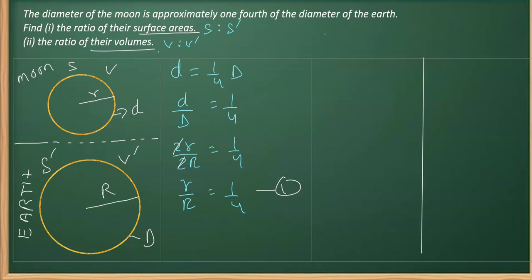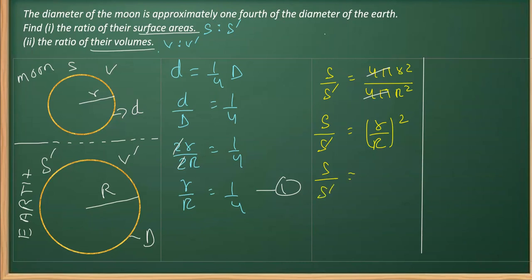I can write the ratio as S over S dash, replacing S with the formula of surface area, that is 4 pi r square, and similarly for the other part it is 4 pi R square. The first is for the moon, the numerator, and the denominator for the earth. Here 4 pi gets cancelled, so S over S dash is r over R, and then we place a whole square.